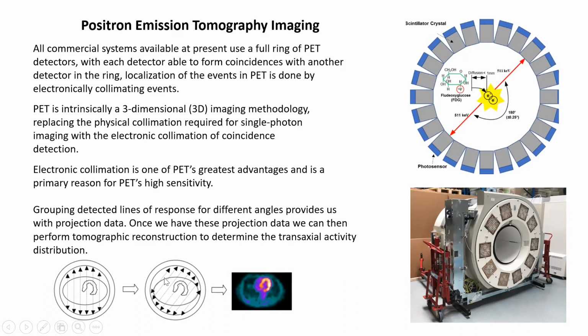Grouping detected lines of response for different angles provides us with projection data. Once we have these projection data, we can then perform tomographic reconstruction to determine the transaxial activity distribution. In PET we have electronic collimation, whose greatest advantage is the high sensitivity of PET.